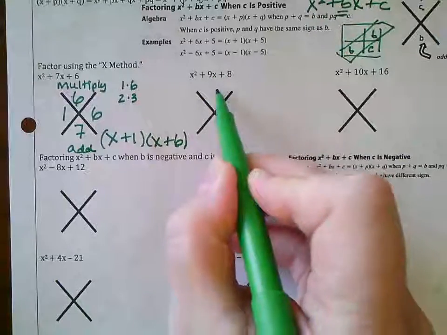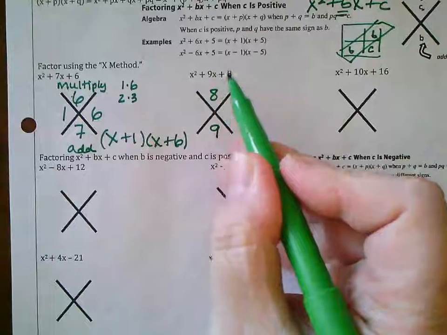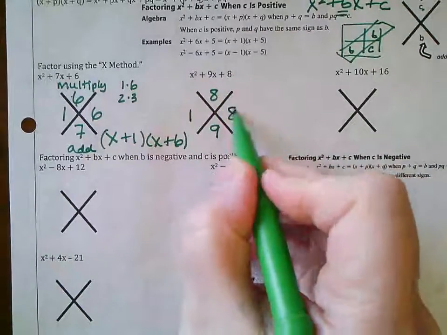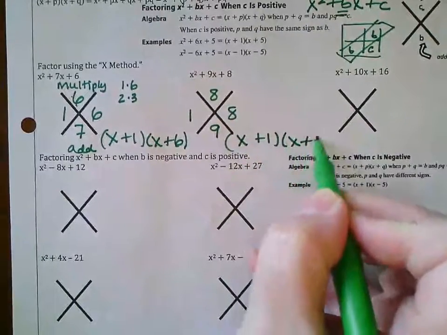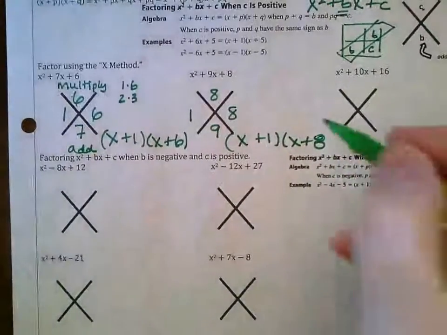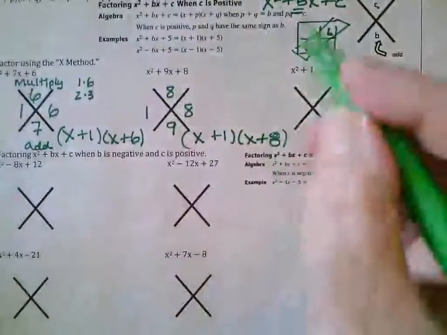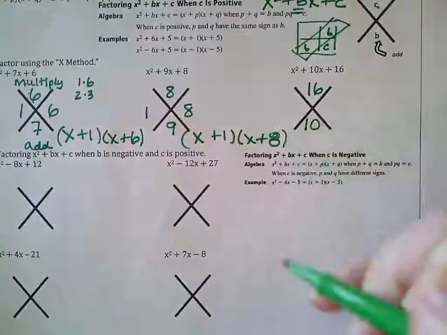So again, let's try this. You have 8 and 9: two numbers that multiply to equal 8, but when you add them equal 9, are 1 and 8, so x plus 1, x plus 8. And the last one: two numbers that multiply to equal 16, but when you add them equal 10.